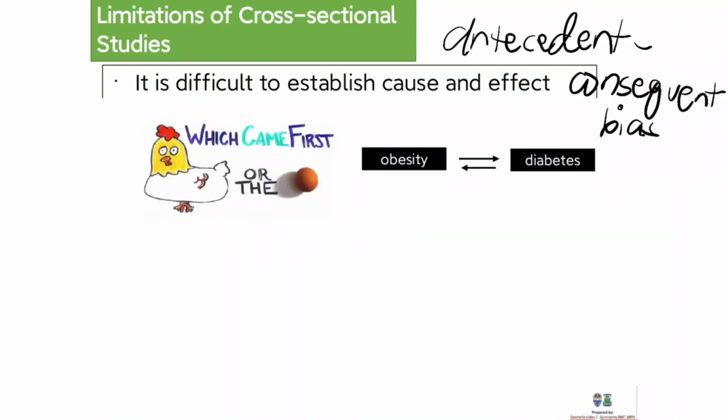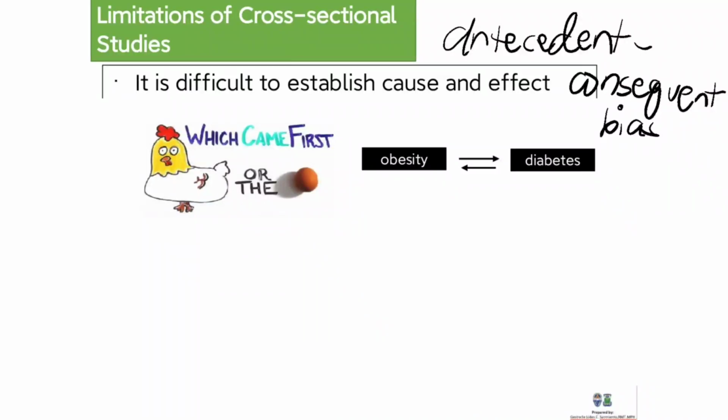So kung mapapansin nyo, it is really difficult to establish a cause and effect relationship between your exposure and outcome. Okay? Yes, you have already computed yung for example, yung kanina, yung relationship with the smokers, tsaka yung mga nag-develop na COPD.